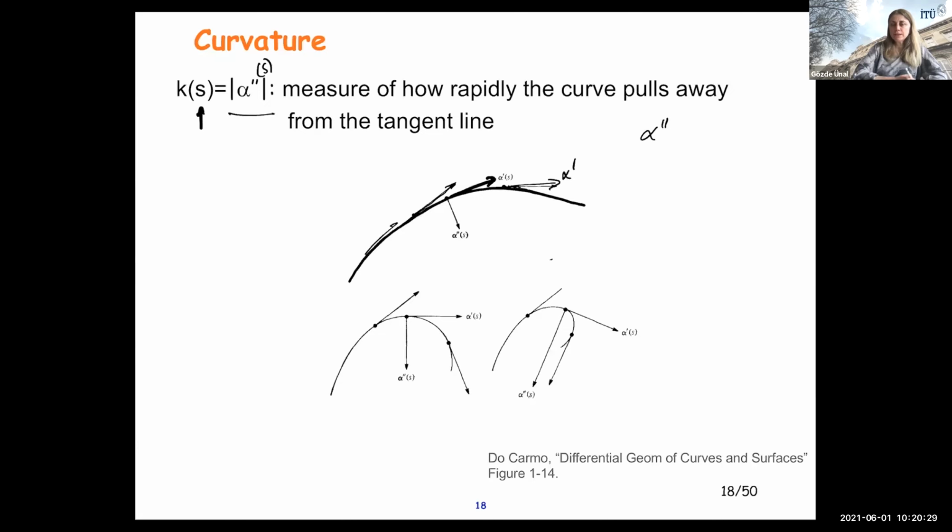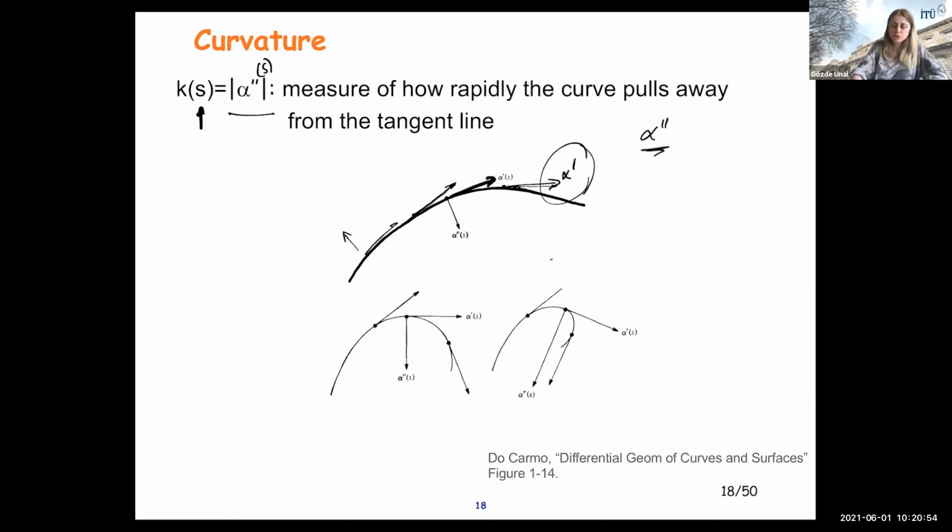These are the first derivative, so we are looking at how quickly the first derivative changes, and also how the normal changes. Alpha prime is the tangent vector, then alpha double prime tells us how quickly it changes, how much it changes.